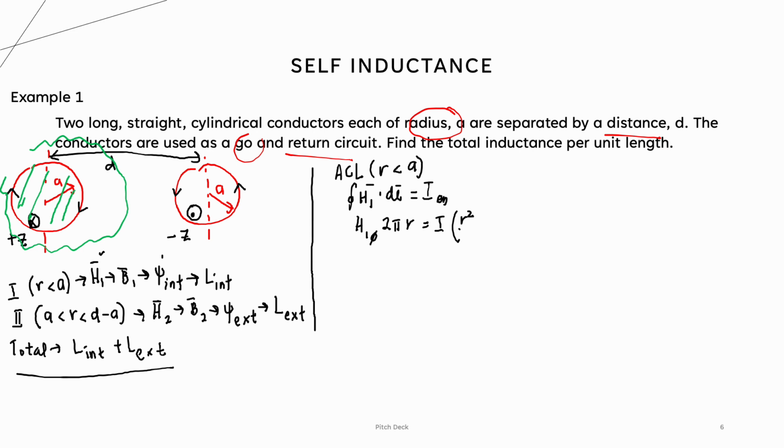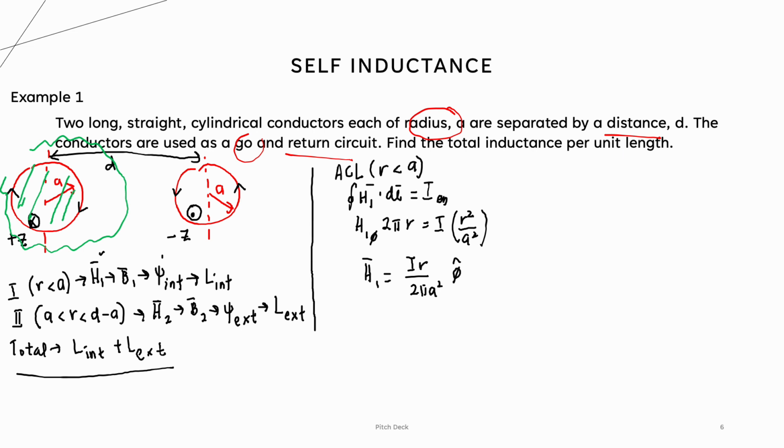R squared over the whole area of the cylinder, right? So from here we can find our H1, which is going to be in the phi direction. If we solve, we will get IR over 2 pi A squared, alright? So it must be in the phi direction.